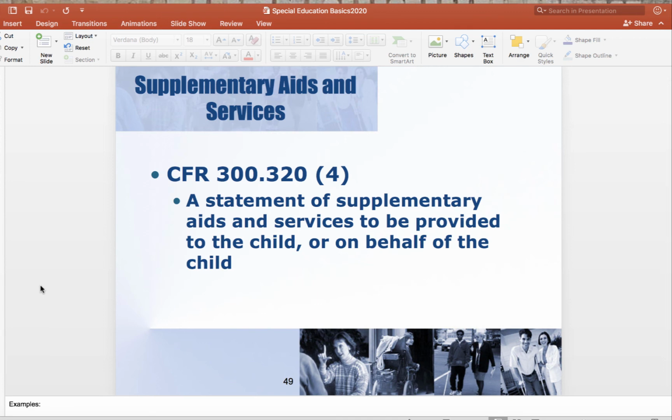Supplementary aids and services. There must be a statement of supplementary aids and services to be provided to the child and on behalf of the child. Here's an interesting thing.